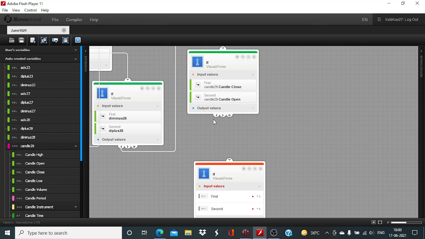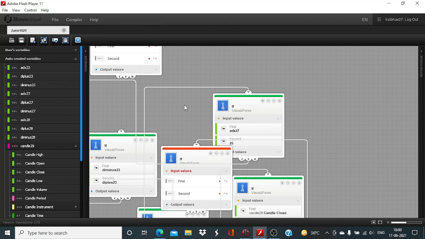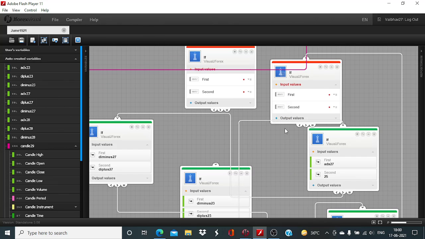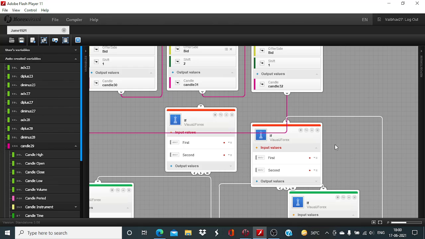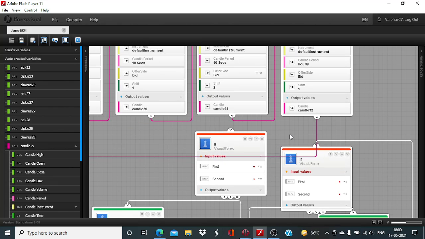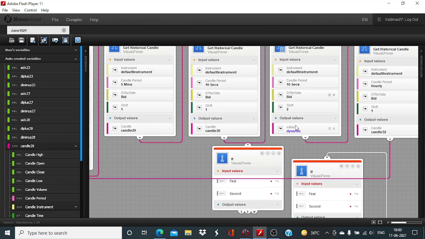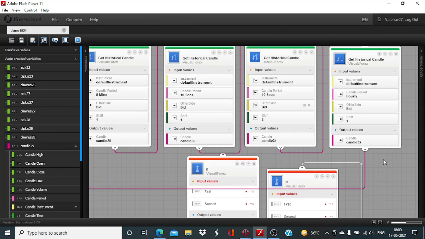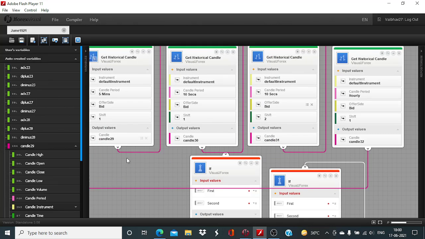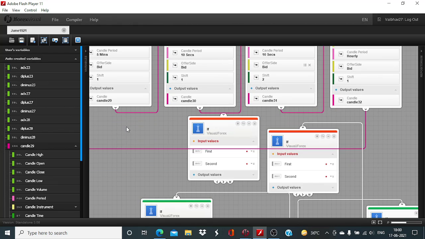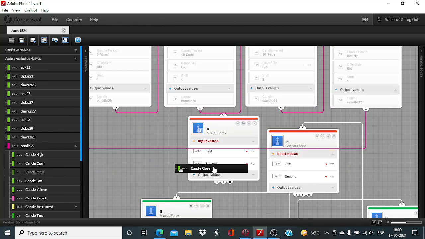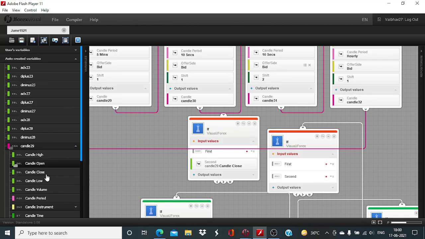Now first input needs to be less than second input, and as and when price will start to drop below the last 5-minute candle close, we will look to initiate the trade. That means we have to compare candle 31 and candle 30's closing values with candle 29. So this is going to be the common input.